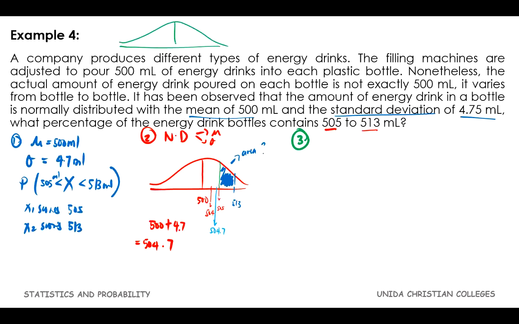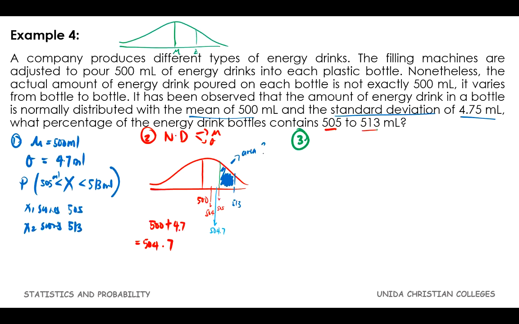Okay? Doon sa Z-table natin, alam natin na yung center natin si mu at ito yung Z. Tama? Okay? Tapos, alam din natin, sabi kasi dyan, less than 513.